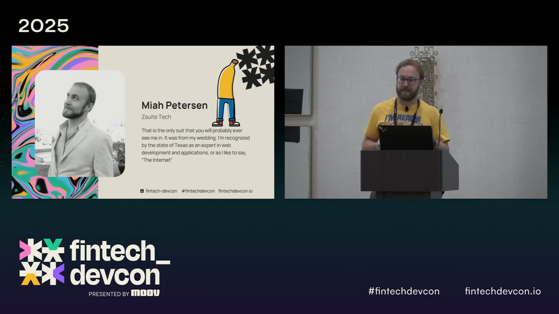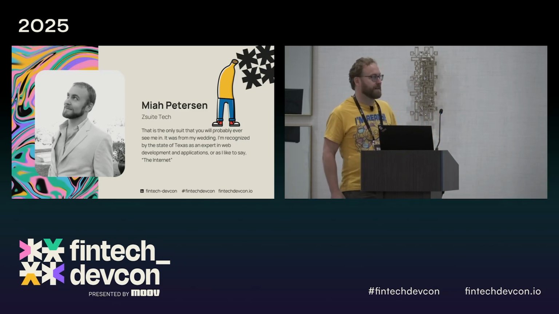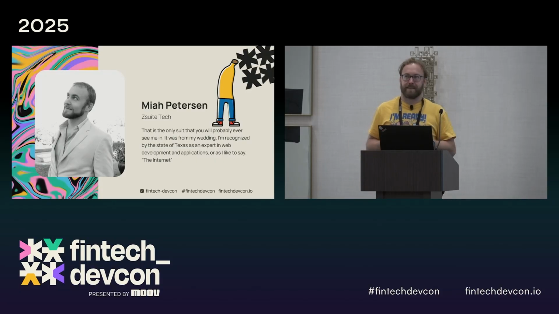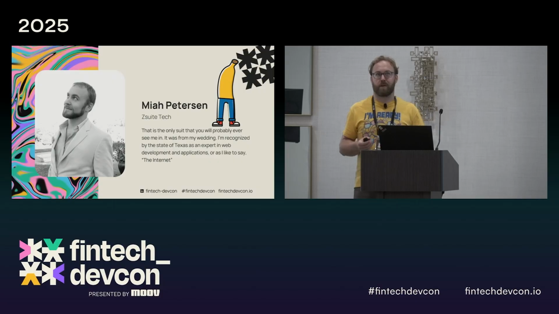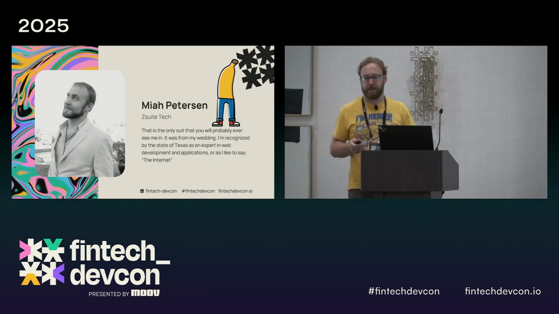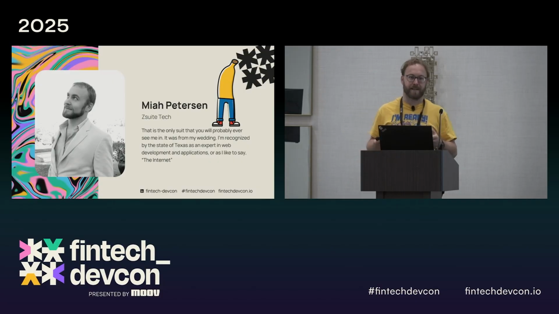What we're going to be talking about today is how we're moving away from the batch transfers to the live transactions. And the talk is really about solving the problem with good programming fundamentals. There's no magic here. There's no snake oil.